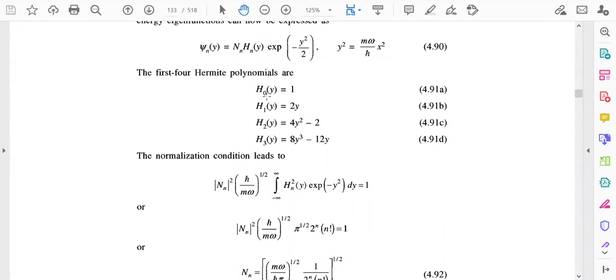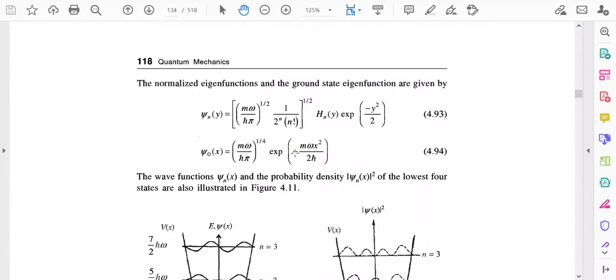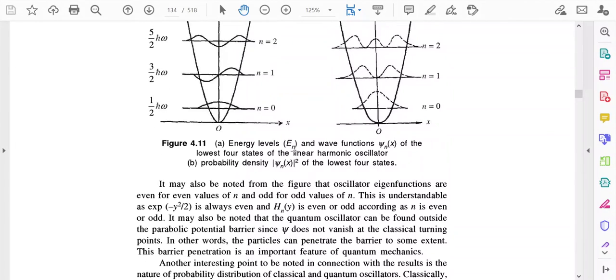But for even states, for example H0 y, where n is equal to 0, an even number, this is an even function. For H2 y, this expression is for an even function. So as the Hermite polynomials are even functions for even values of n, and odd functions for odd values of n, that is why we obtain the wave functions like this. That is, the wave functions are even for even states, and odd for odd states.